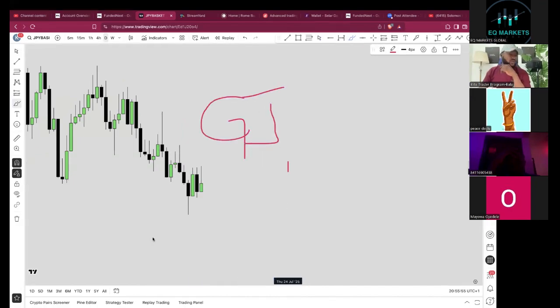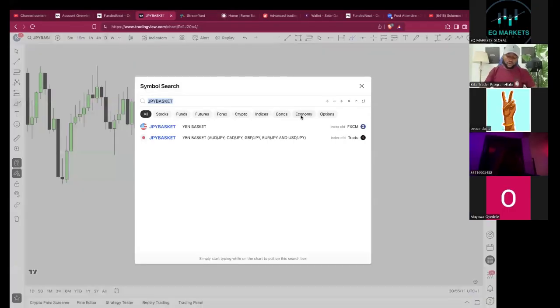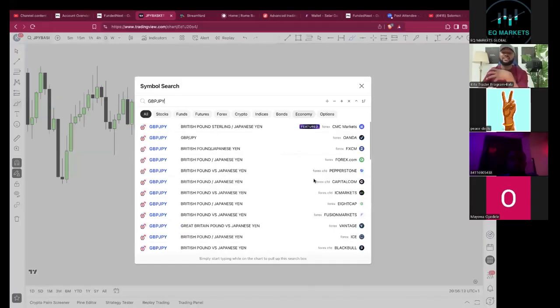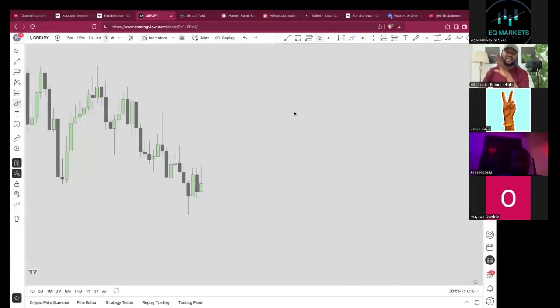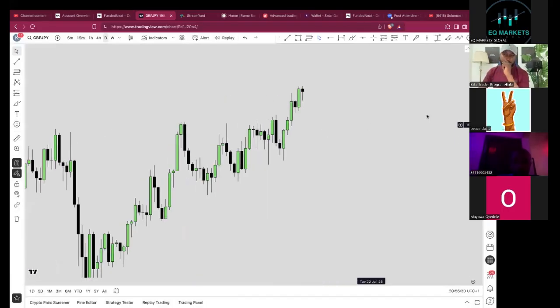I should go bullish on GBP JPY, because the yen basket is weak, that is to say the JPY is going to be weak. Now, with that understanding, you can go to GBP JPY and start your top-down analysis and analyze the chart in that direction. So I have seen that happening.